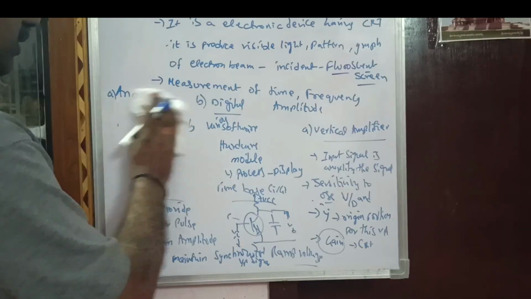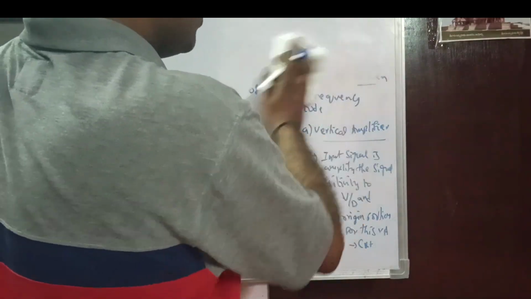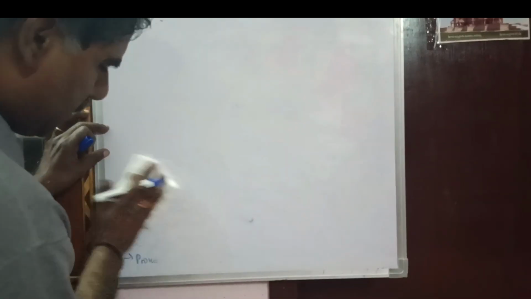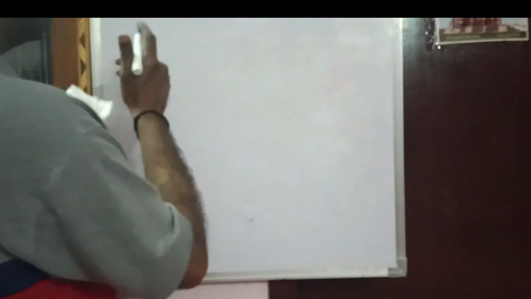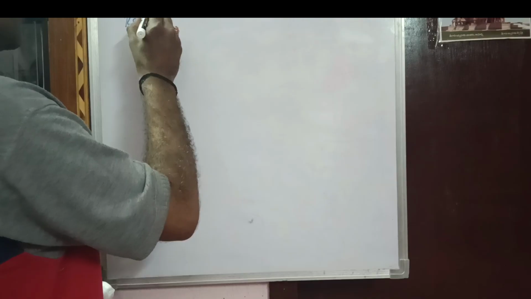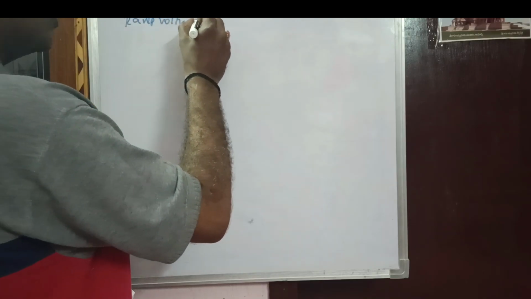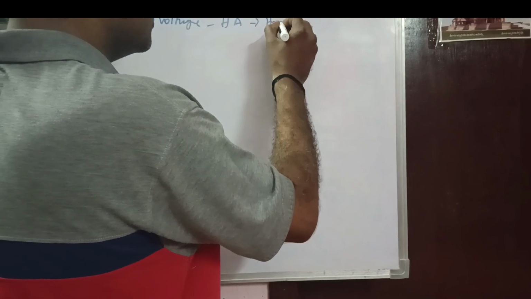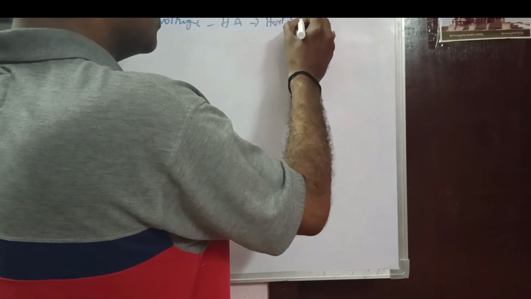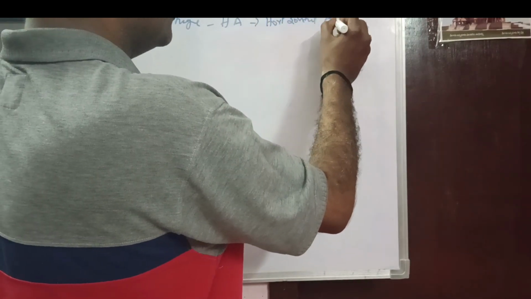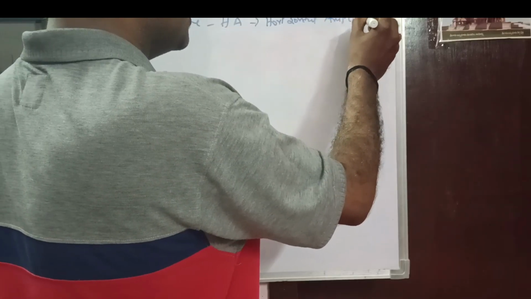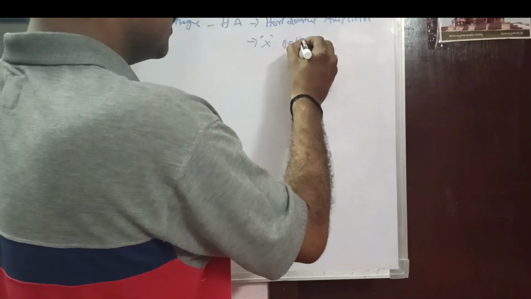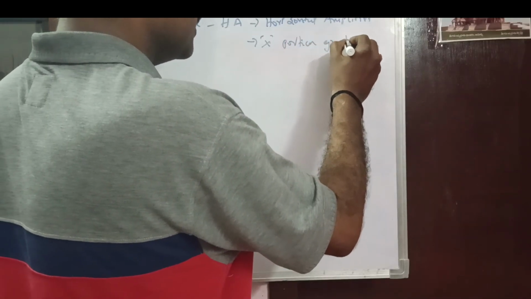The ramp output is again given to the horizontal amplifier, nothing but it is used to amplify the signal, and it provides an exponential graph for the signal.